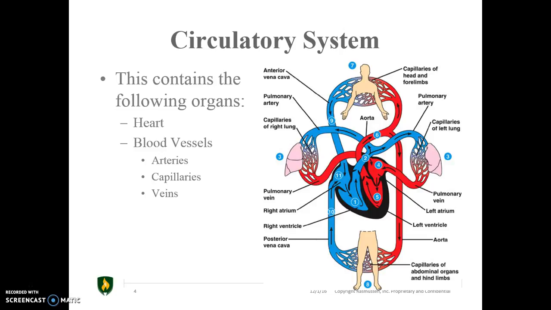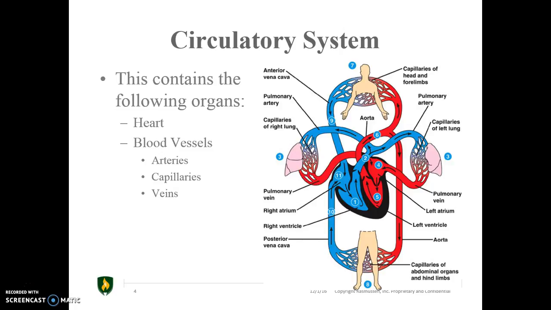So really what it's doing is just circulating your blood throughout your entire body and picking up other things along the way. Now, there are some key players that help to move this process along with blood vessels. Those are your arteries, capillaries, and veins. Arteries are what blood will leave the heart from.